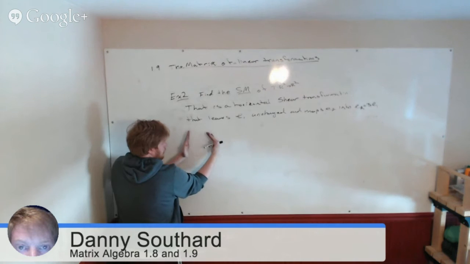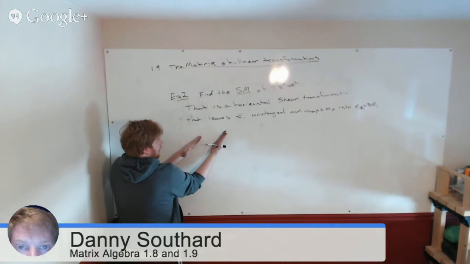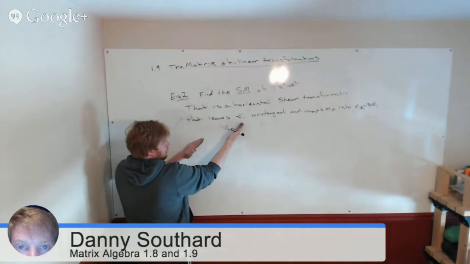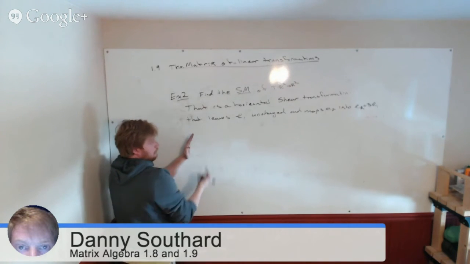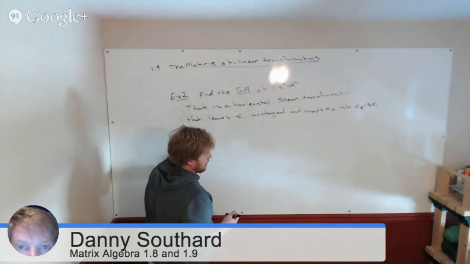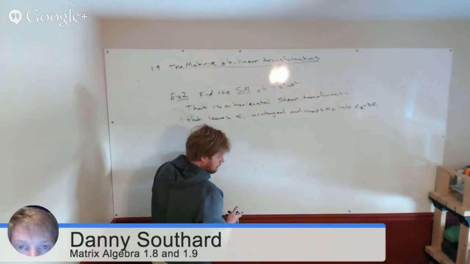That's this sort of thing, okay? That leaves the first column unchanged and maps the second column to e2 plus 3 times the first column.